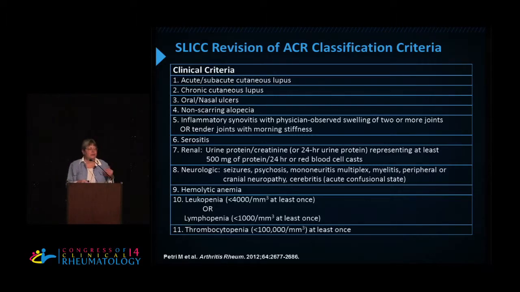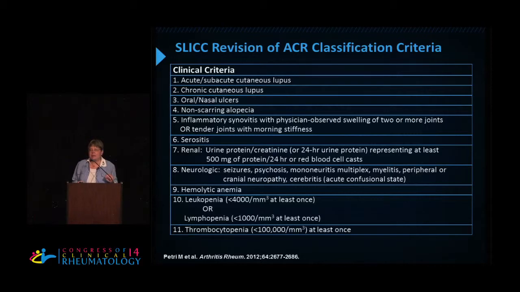It includes tumid lupus, verrucous lupus, lichen planus-like lupus. And for the oral and nasal ulcers, that is, of course, the same. But non-scarring alopecia, that's an objective manifestation. It doesn't mean that patient complaint of hair fall. It means on your examination, you see the broken or missing hairs around the frame of the face.